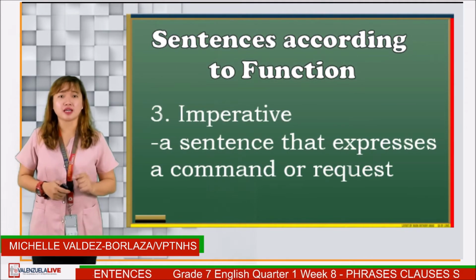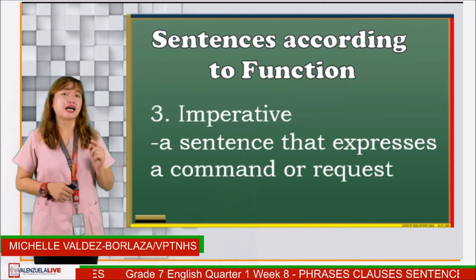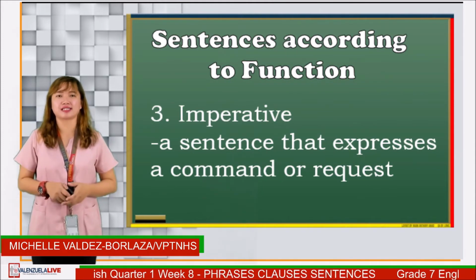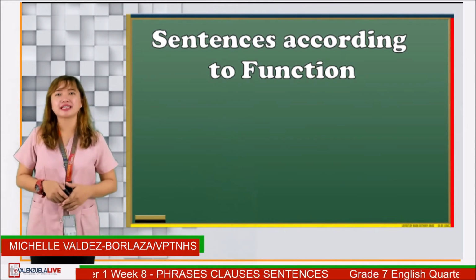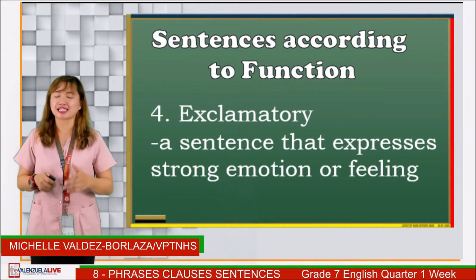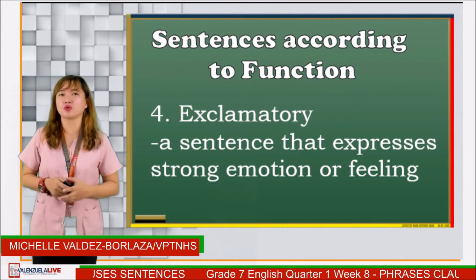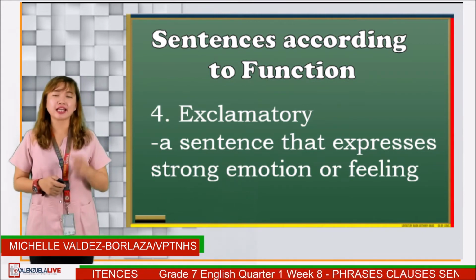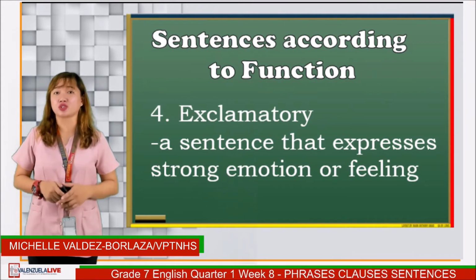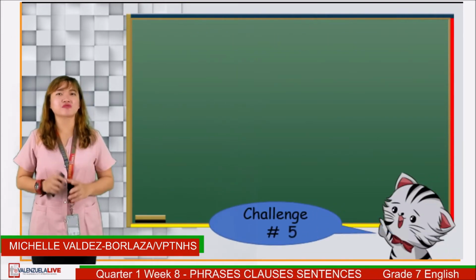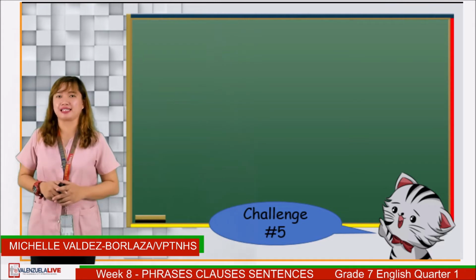It may be imperative, a sentence that expresses a command or request. Or it can be exclamatory, a sentence that expresses a strong emotion or feeling and usually ends with an exclamation point. And I know that you are very much familiar with these types of sentences.